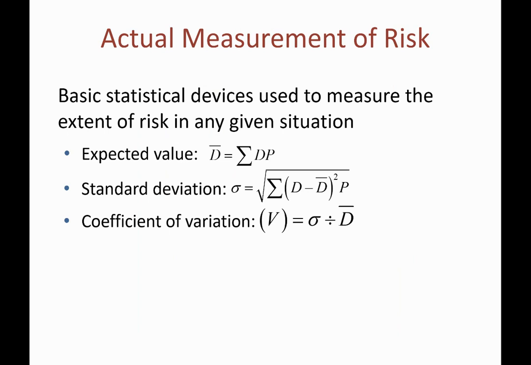So basically, when you're trying to measure risk, we use statistical methods, and we use the standard deviation, and we also use the coefficient of variation. I'm going to explain later on why the coefficient of variation may be a better measure than the standard deviation.